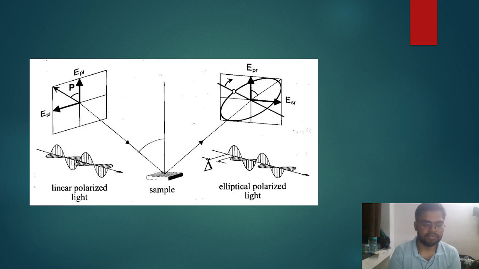So in here we can see the linearly polarized light falls on a sample, and then it gets reflected, giving us a phase difference and a path difference, which we use to find out thickness and refractive indices and other optical properties.